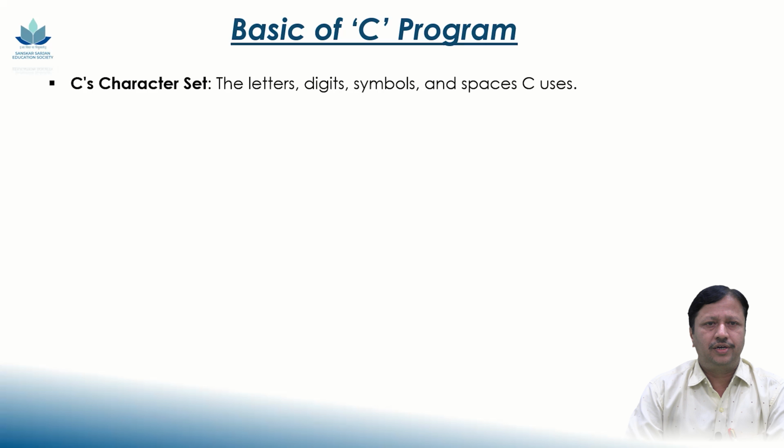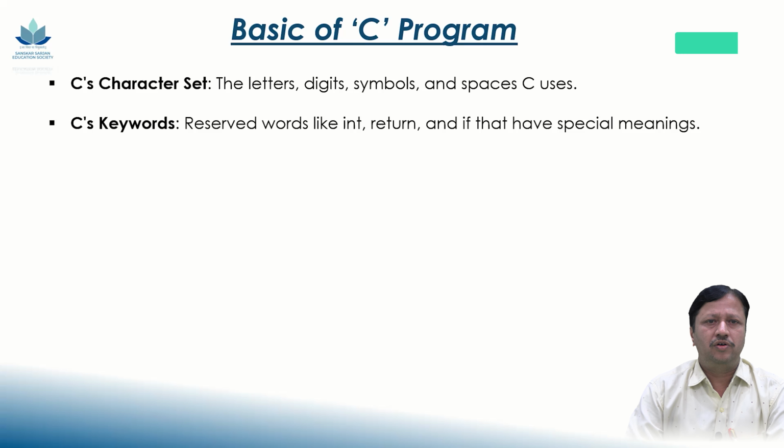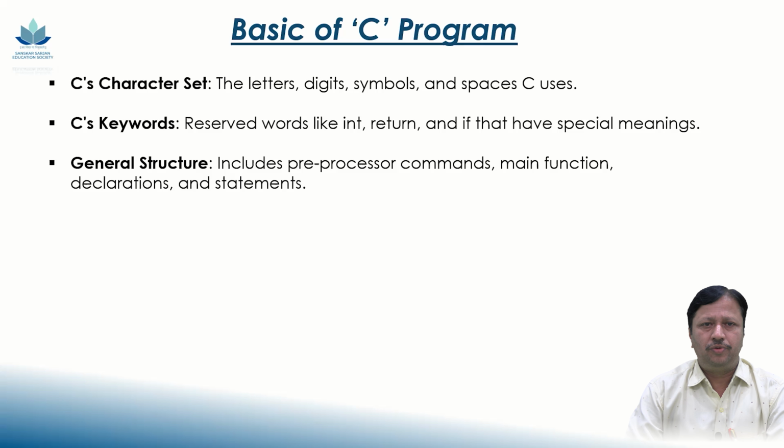C's character set: the letters, digits, symbols and space. C's keywords: reserved words like int, return and if that have a special meaning. General structure includes preprocessor commands, the main function, declarations and statements.